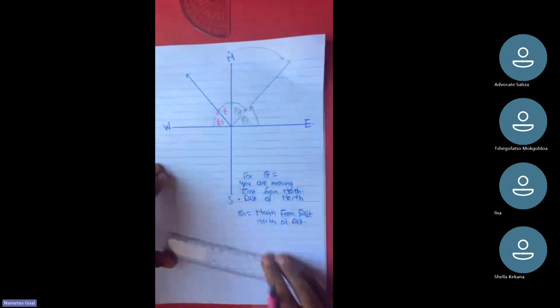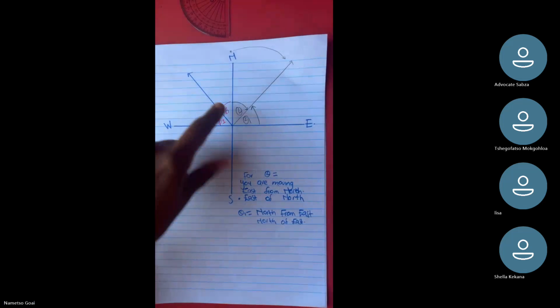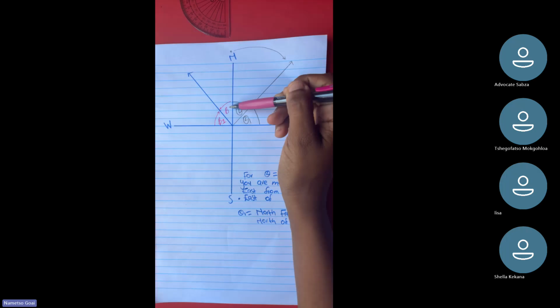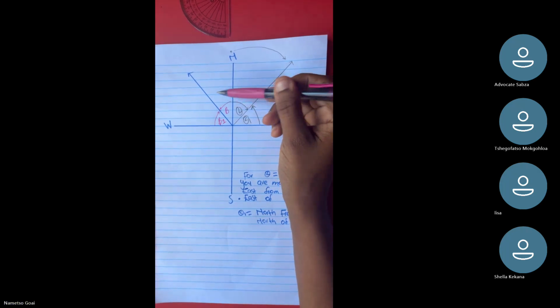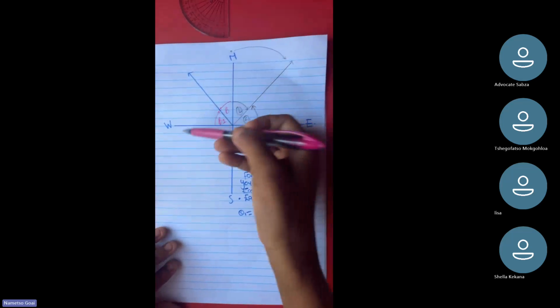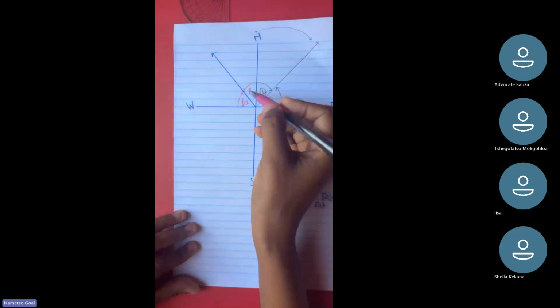Now I need you to try and explain the movement of this angle over here. So for this angle, how are you moving? You're moving west from where? From north. So you're moving west for this one, for beta.